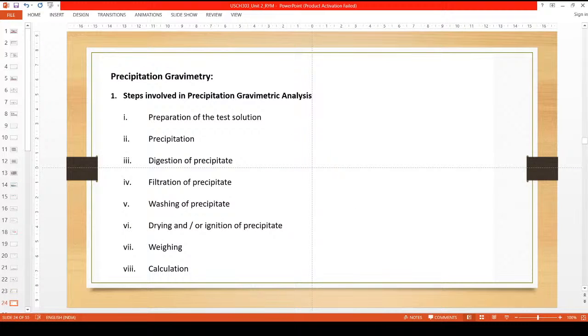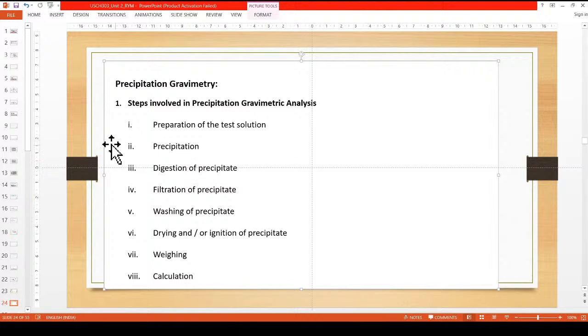Then the steps involved. The question can be: which is the correct sequence of steps involved in gravimetric analysis? If I give preparation of test solution, digestion, filtration, and then precipitation, it will be a wrong sequence.